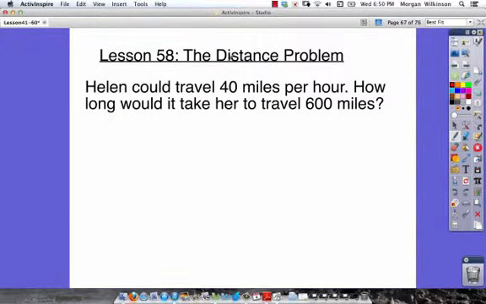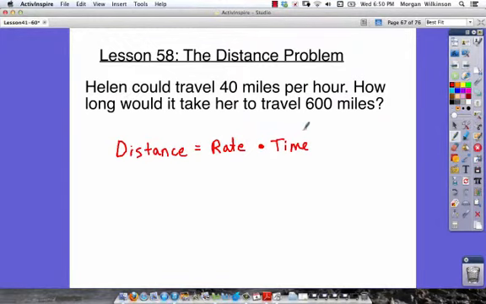Now when we're working with distance problems, any type of distance problem, where you have a speed like 40 miles per hour and a total distance of 600 miles, we've got an important formula. We have distance is equal to the rate, or the speed, that's the same thing, times the time.